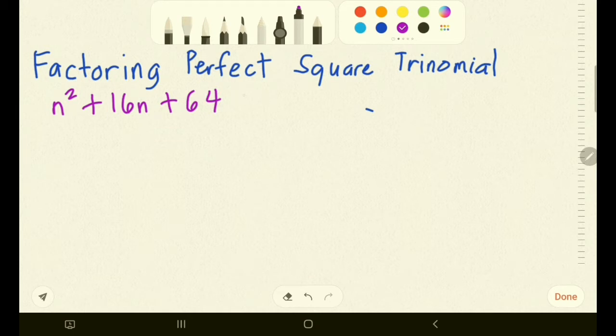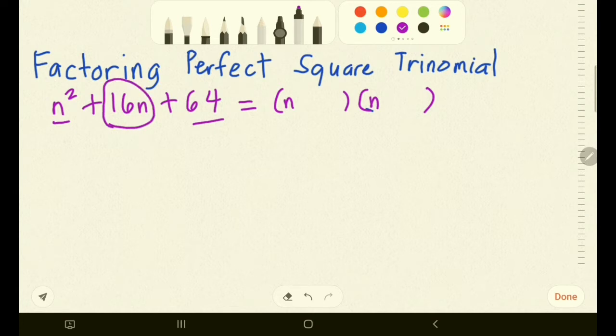So again, when you factor this, it is expected that you have two binomial factors. You factor first the first term, n squared, that would be n and n, and then you factor 64 such that you can get the middle term 16n.